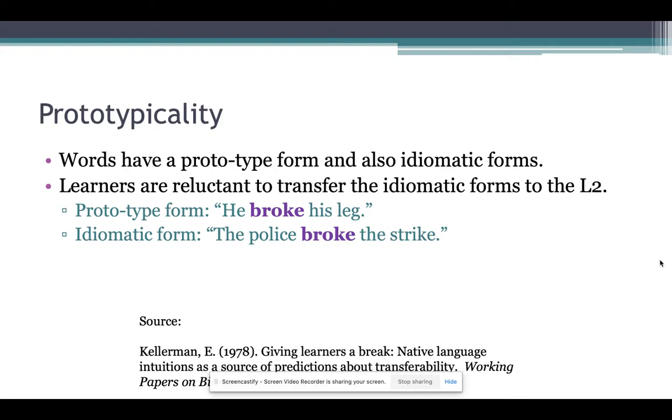Breken. That's the literal form. They would translate that word for word. But they were reluctant to use the word idiomatically, like in the sentence, the police broke the strike, or I woke up at the break of dawn. And this was interesting because in Dutch, they have these same idiomatic uses of the word breken that we have in our word broke, but for some reason, they're just not comfortable transferring the idiomatic form.